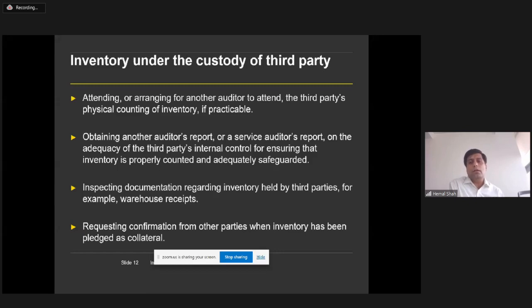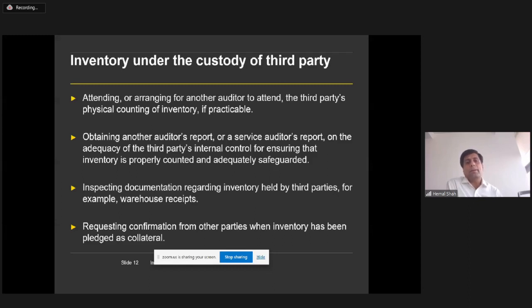Inventory under custody of a third party. As we discussed, if the third party is very significant, then definitely the auditor should try and do physical verification at the site. Otherwise, at least get a physical verification signed report from the third party, and if required, from the third party's auditor, which we call a service auditor report or SOC report. SOC report is very critical and internationally quite recognized.